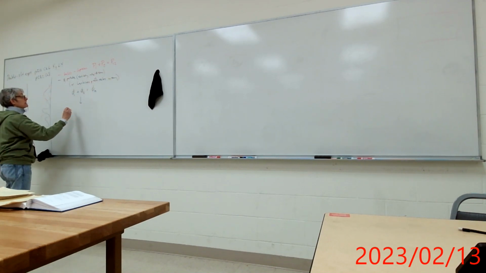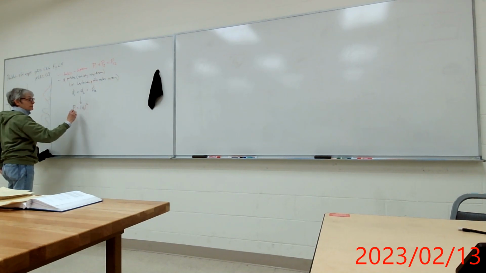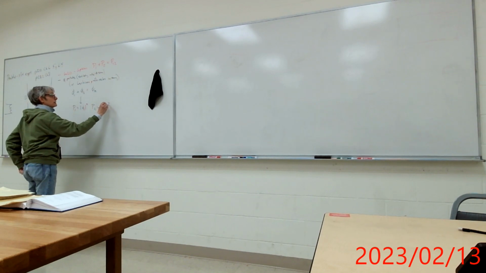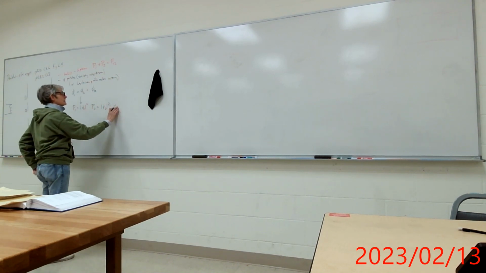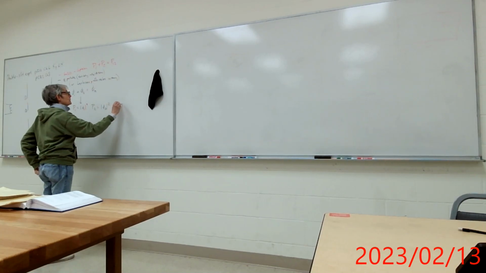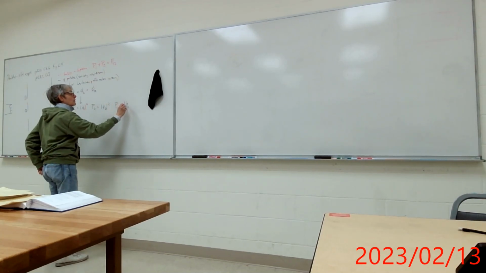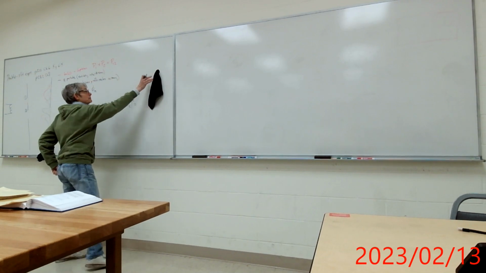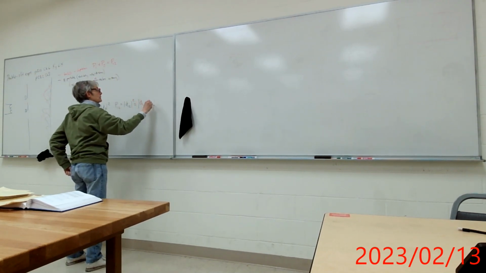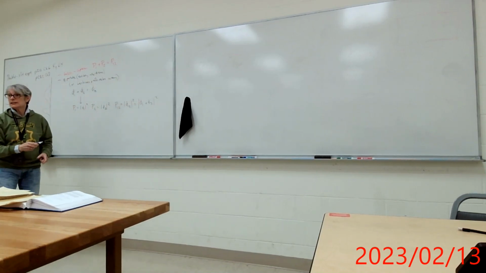Well, it's related by P1 equals |phi1|^2, the absolute magnitude squared. P2 equals |phi2|^2. And P12 is equal to |phi12|^2, which equals |phi1 + phi2|^2. In other words, there are interference effects.